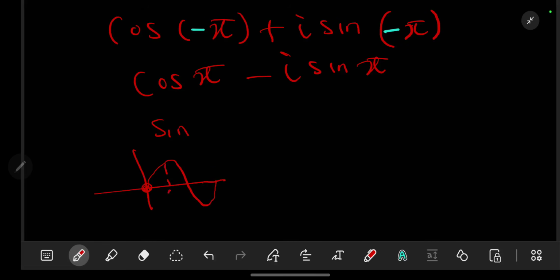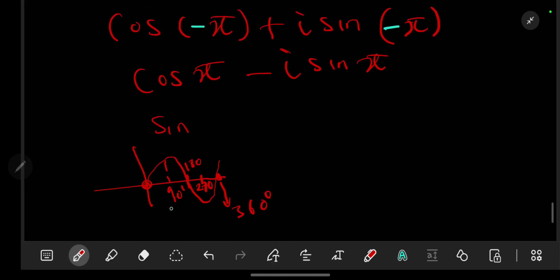So this will be your 90 degrees, this one your 180 degrees, the next 270 degrees, and this one here equal to 360 degrees. 90 is pi over 2, if you recall, and 180 is equal to just pi. So we are just interested in this value. For sine, it is equal to 0, so sine of pi is equal to 0.